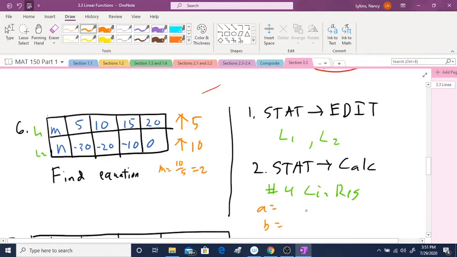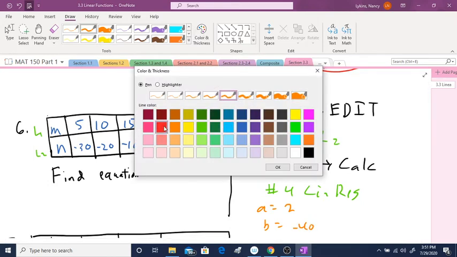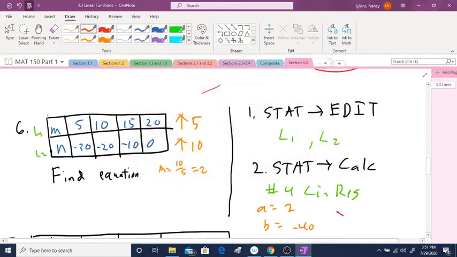What I got was A is 2, B is negative 40. What does that mean for an equation? A is my slope, so I'm going to say y equals 2. Now be careful because instead of x, we're using M for x. I've circled it over here on the table. 2M, and my B is minus 40.